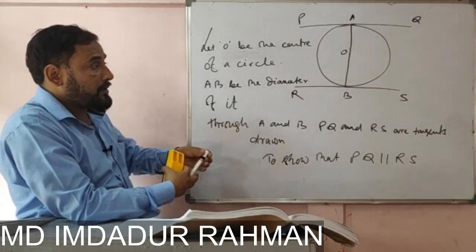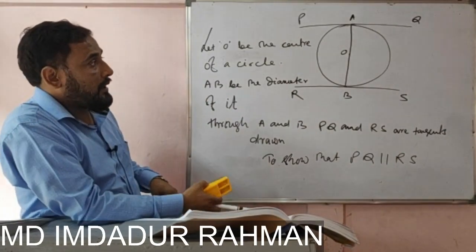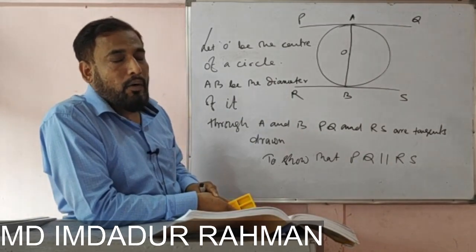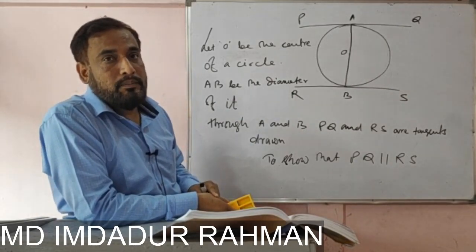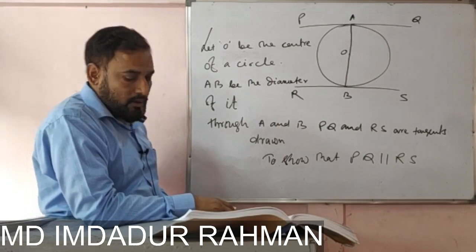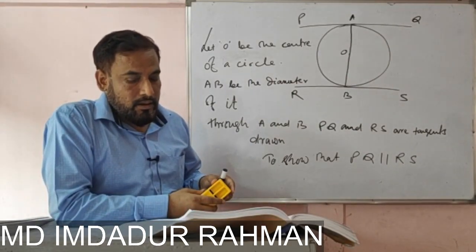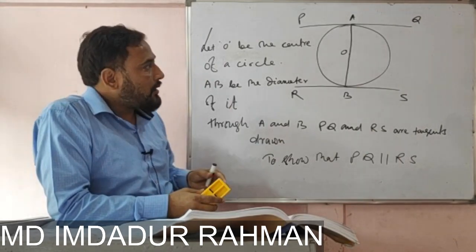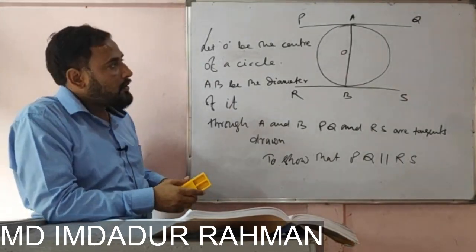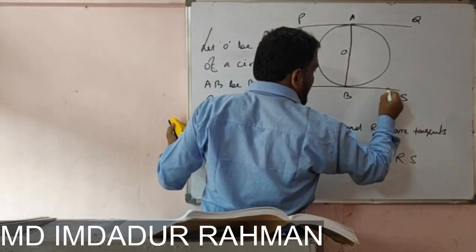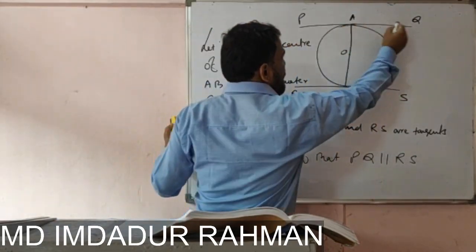So to prove it, we have to use the alternate angles property. So you see, this is a tangent and this PQ is also a tangent.